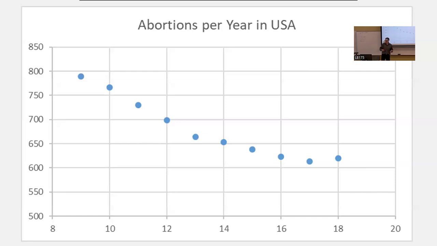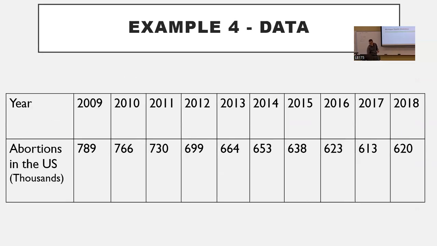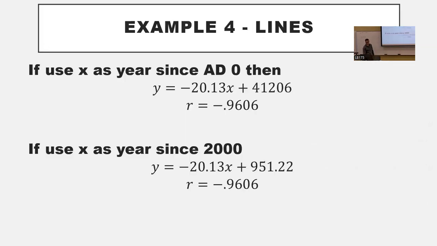So if you wanted to adjust the years, and instead of starting at 2009, you started at year 0 as 2009, and year 1 is 2010, and so on and so forth. You could do that, just know that your line is going to look a little bit different.